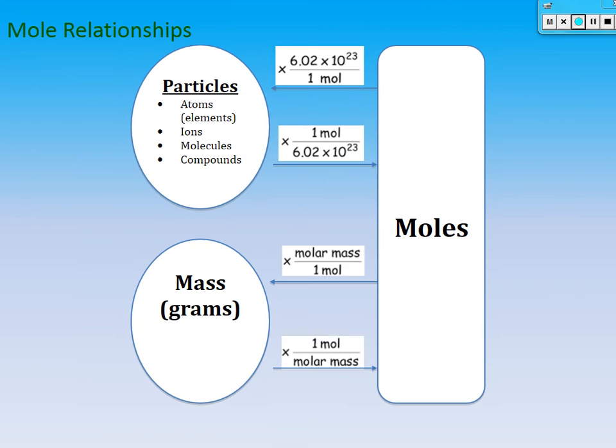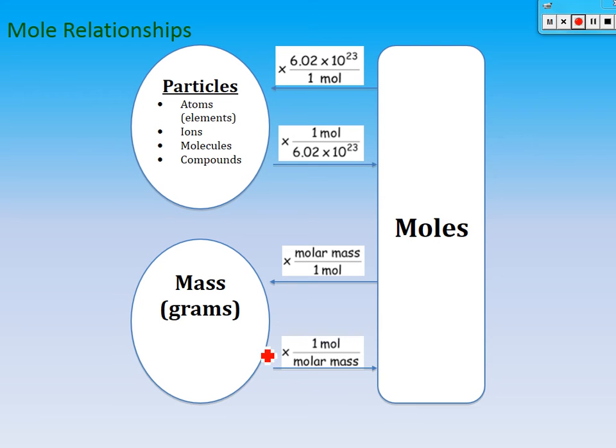All right, so let's get into some of the calculations and what this concept is about. I've got a picture here, and it's in your guided notes, so take a second and fill it out. So there's a couple circles. This circle is particles. Again, particles can mean atoms, ions, molecules, or compounds.